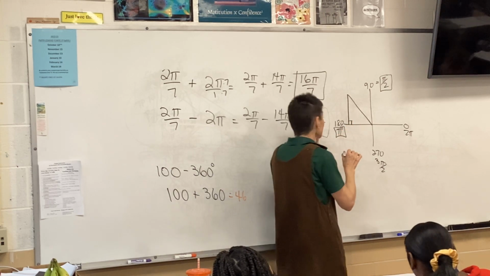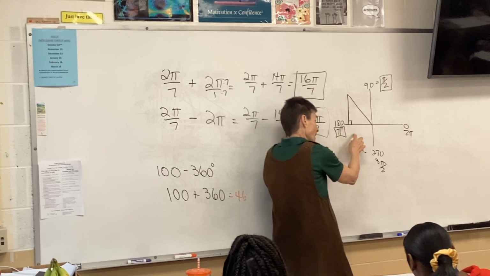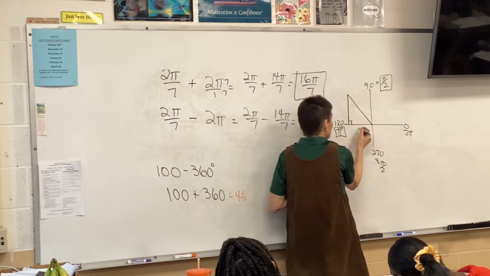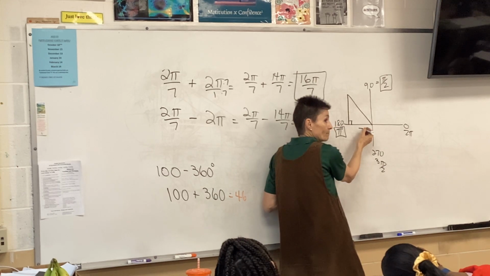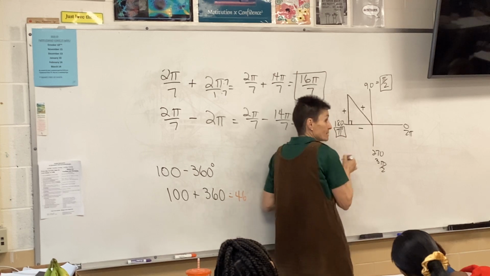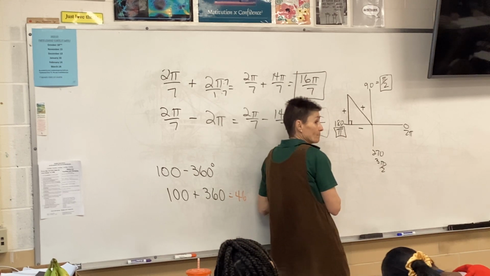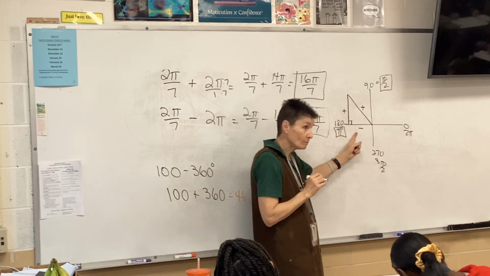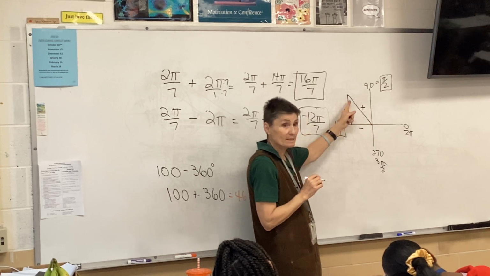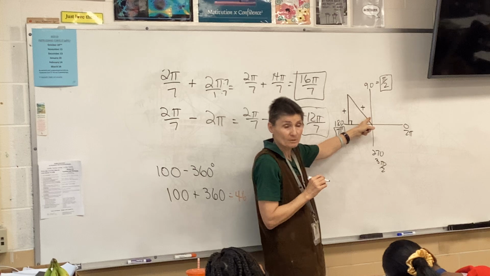I have no idea how long these sides are, but I know whatever they are, this one is negative, this one is positive, and this one's always positive. Look at where you are, quadrant 2. X is negative, Y is positive, hypotenuse is always positive.